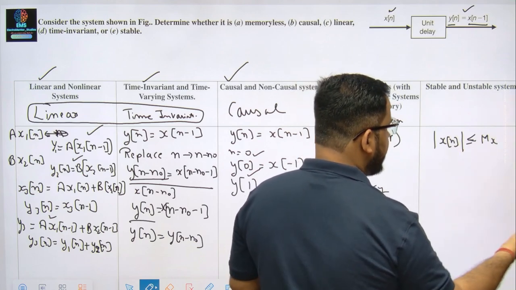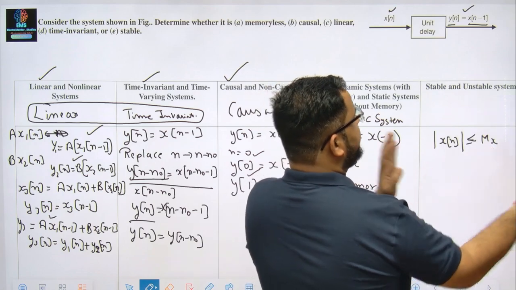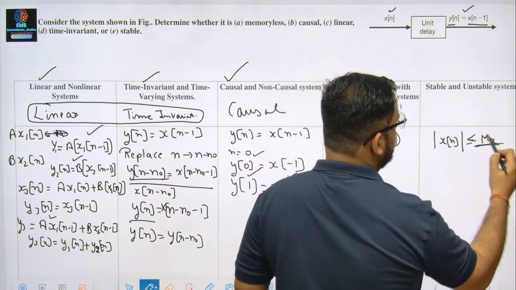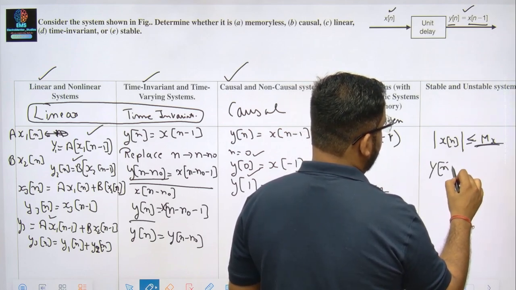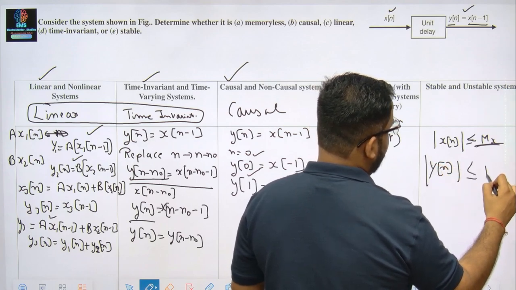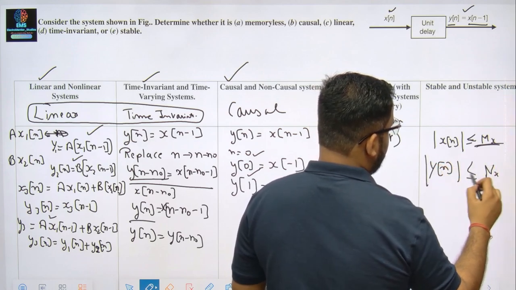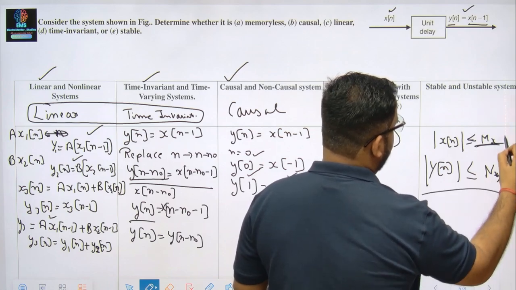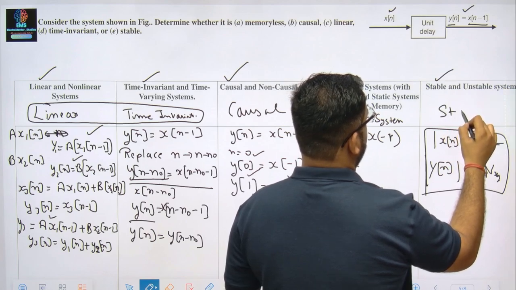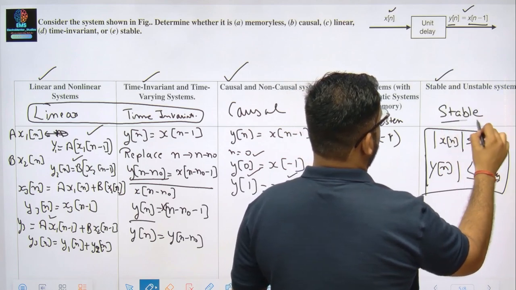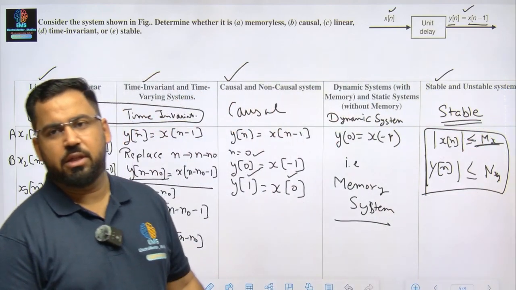Even if I shift the signal left or right, my magnitude will remain finite. So the magnitude of y[n] will also be less than or equal to some finite number My, and the system is stable. Is it clear, everyone?